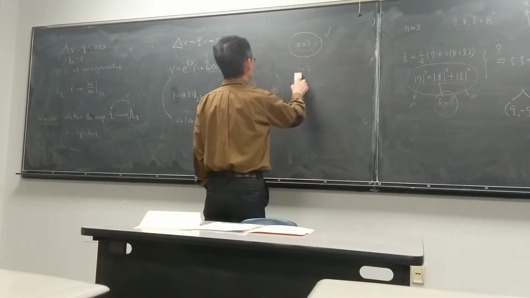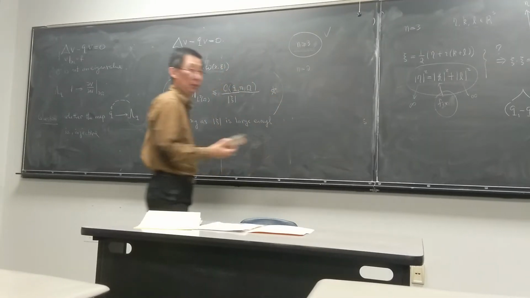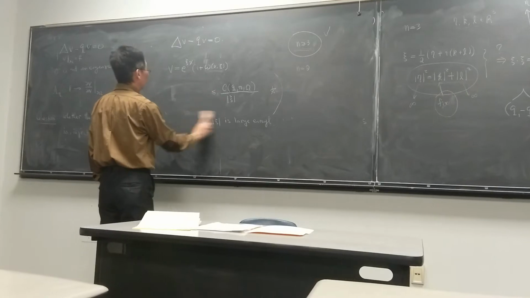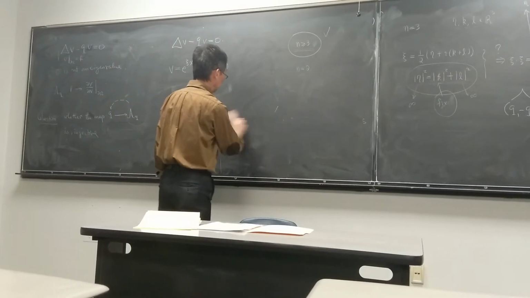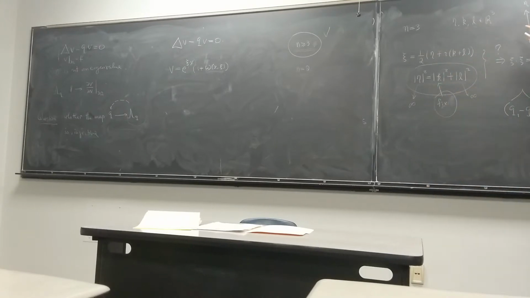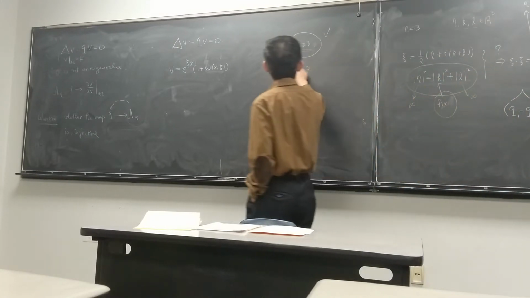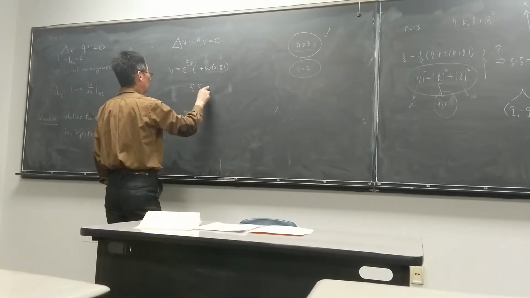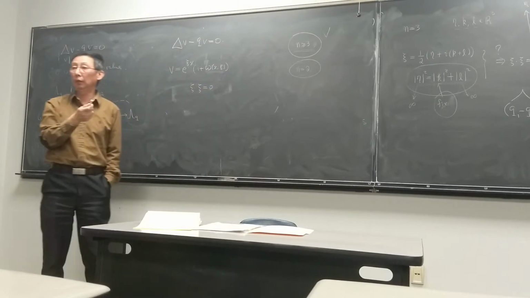But however, this proof does not apply to n equal to 2. Okay, why does it not apply to n equal to 2? Because there's a very simple reason. You can see that in the three-dimensional case, you can construct C this way, right? When n is greater than or equal to 3, there's enough freedom for you to do this. But for n equal to 2, suppose you want C dot C equal 0, there's not much choice for that.